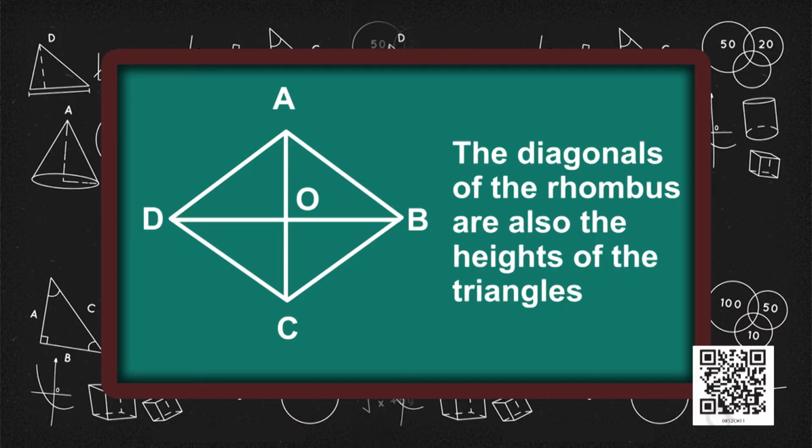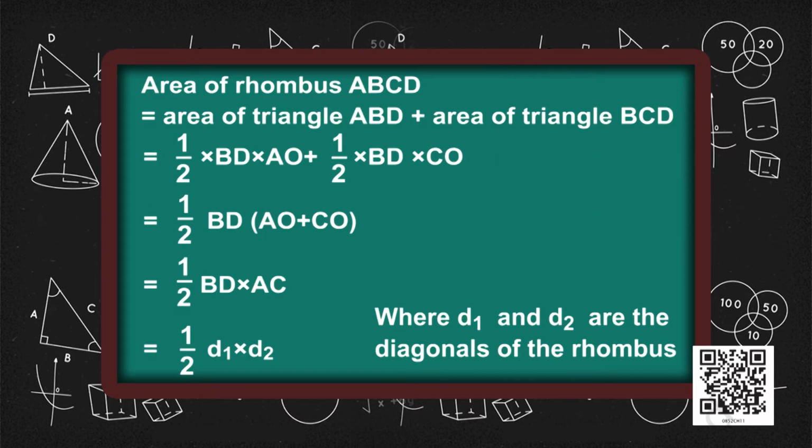Here, you might have noticed that the diagonals of the rhombus are also the heights of the triangles. Hence, the area of a rhombus is half the product of its diagonals.